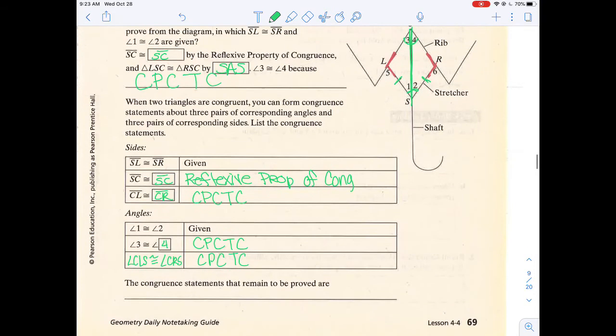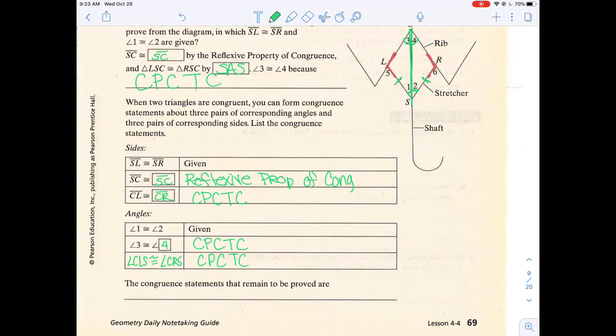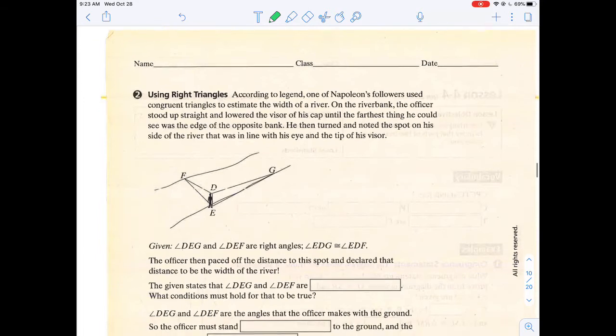So then from that diagram, what congruence statements remain to be proved? So we've got angle 5 down here and angle 6. So we haven't proven anything about angle 5 and angle 6. Everything else in those two triangles, we proved. So let's keep going with this.